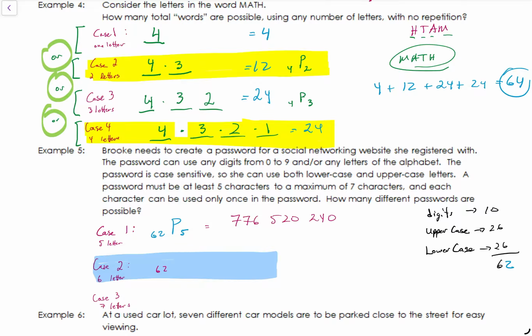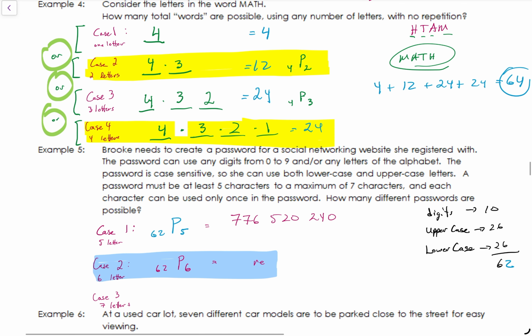Now this next one, case 2, with 6 characters. Out of 62 characters, I'm going to pick the order of 6 of them. And this gets really large. And if I pick 7, it is really, really large. So I'm just going to write it in P notation.